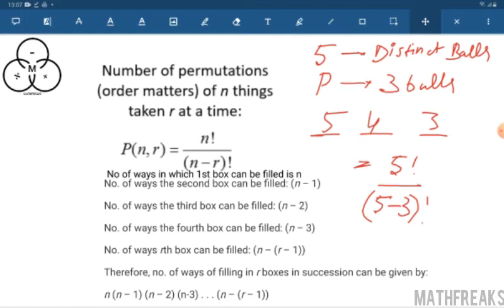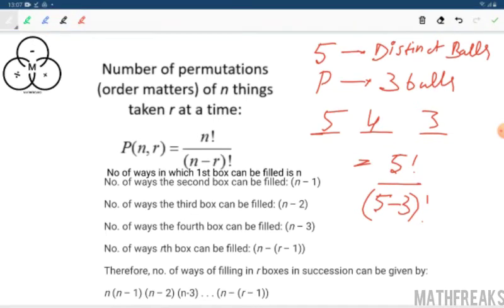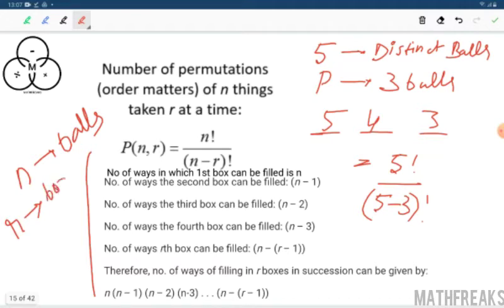How does this formula come? Here we have shown the formula in terms of n. Let's suppose we are having n balls and r boxes. The number of ways in which the first box can be filled is n.